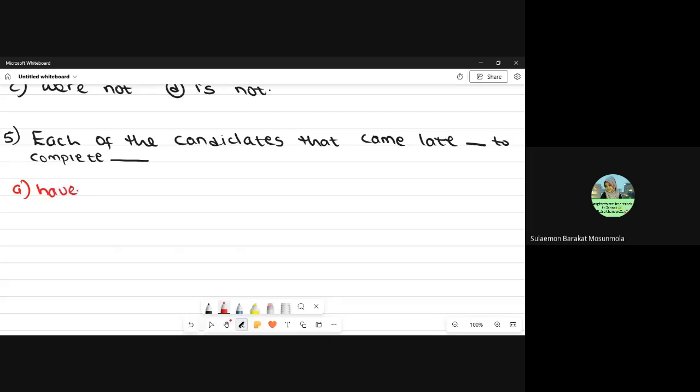Option B, are having slash this form. Option C, have slash these forms. And option D, which is the last option, has slash this form.